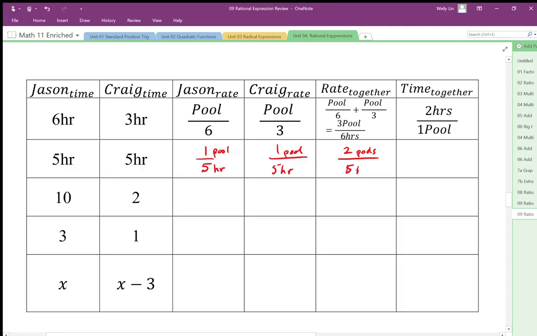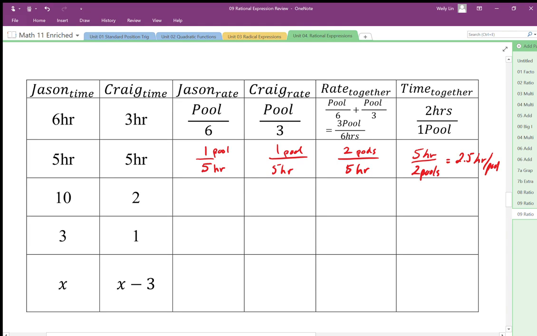That makes sense, because if they each did their own pool, they'd be done in 5 hours. And if I want to know the number of hours for one pool, I can just flip that. I have 5 hours for two pools, which means together they do 2.5 hours for the one pool.